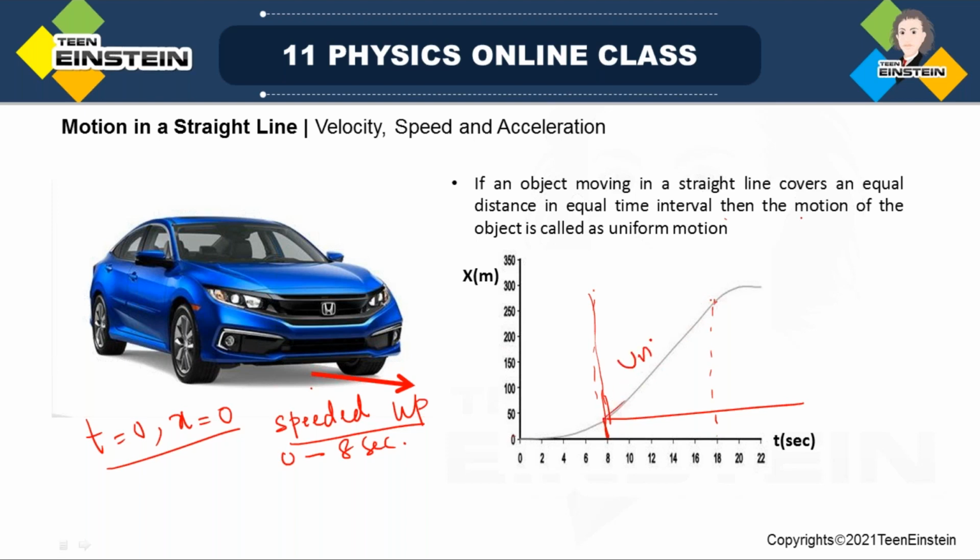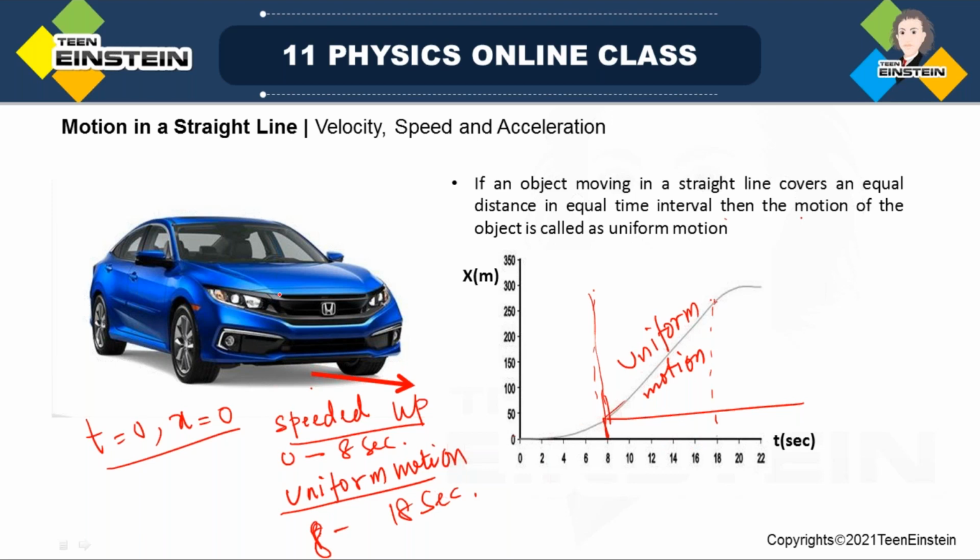So I can tell that this portion is uniform motion, that means it is moving equal distances in equal time intervals. Here the time interval is 8 to 18 seconds.